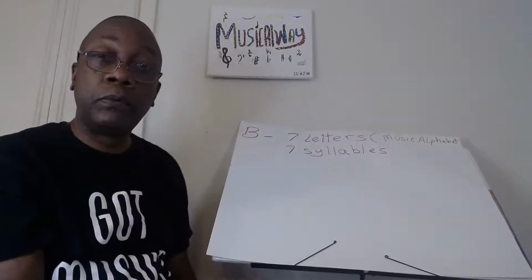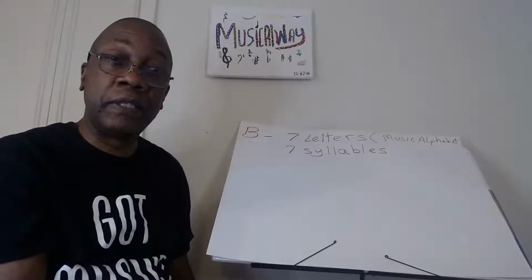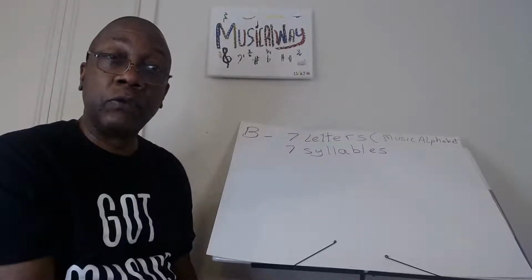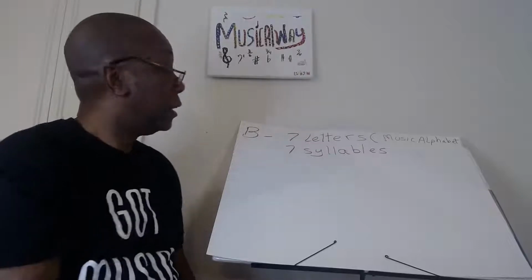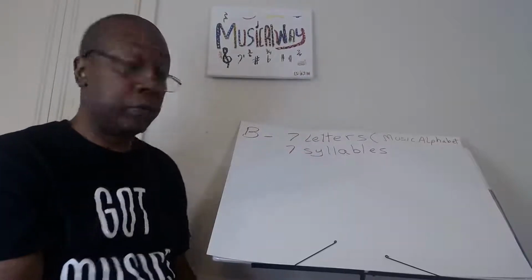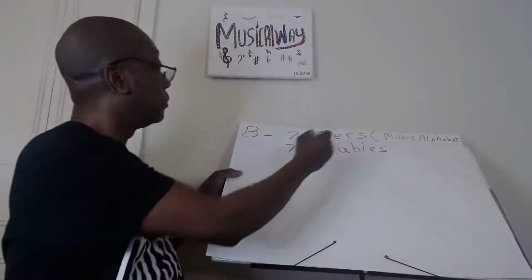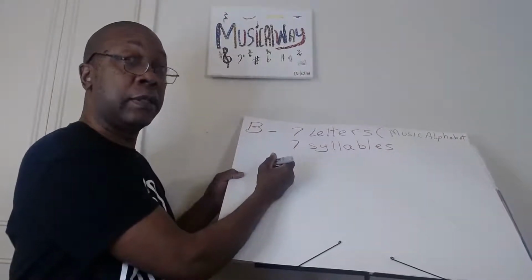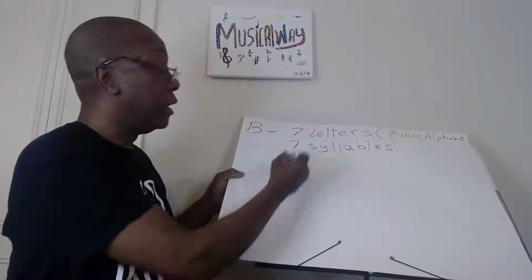The first two of the group of 7 are the 7 letters that will be known as the music alphabet, and then the 7 syllables. All right, let's get on with it. 7 letters. Letters, yes, the alphabet letters.